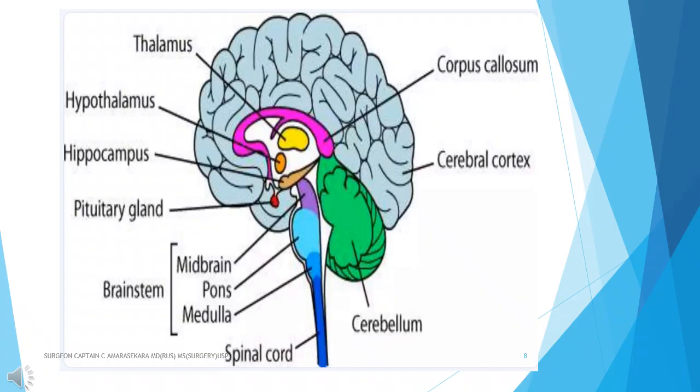Let's now explore the sagittal anatomy of the human brain, not just as a static diagram, but as a dynamic map of function, pathology, and clinical relevance. Let's begin with the cerebral cortex, the outermost layer. This is the seat of higher cognition, language, memory, and voluntary movements.